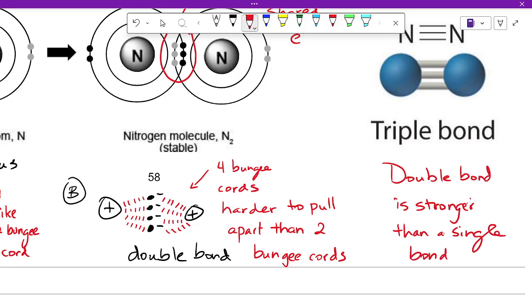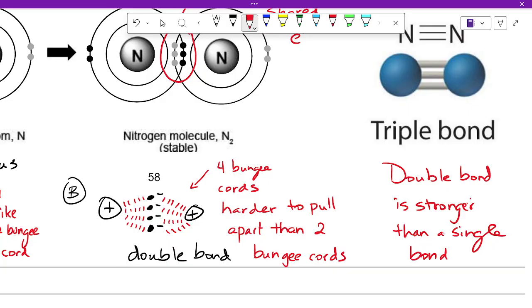And if you don't like the bungee cord model, you can imagine if I had 2 magnets pointing at a piece of metal. Okay, it's attracted by 2 magnets, but what if I had 4 magnets?